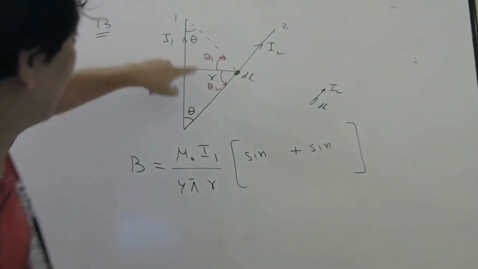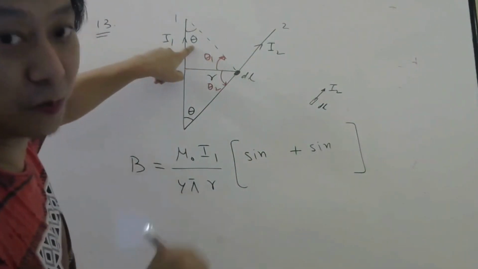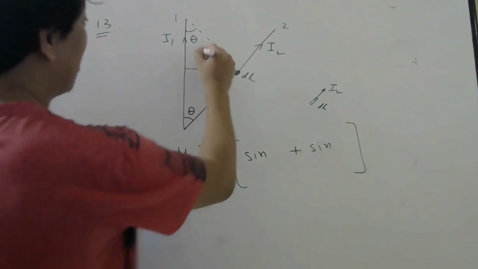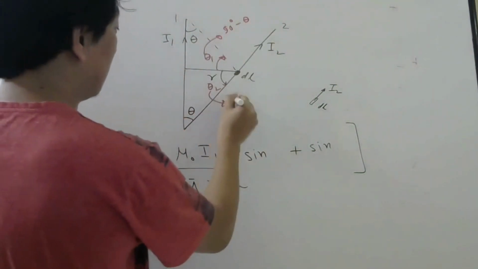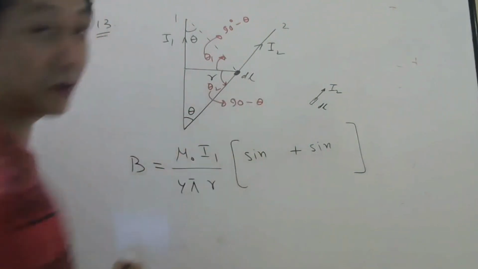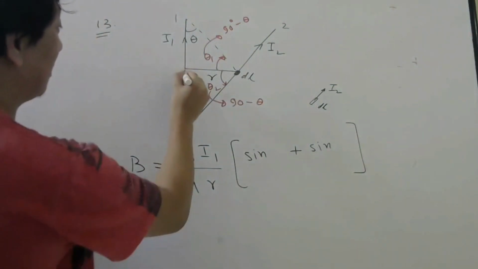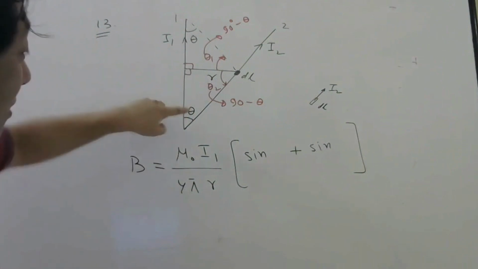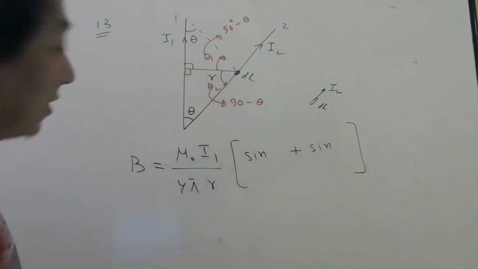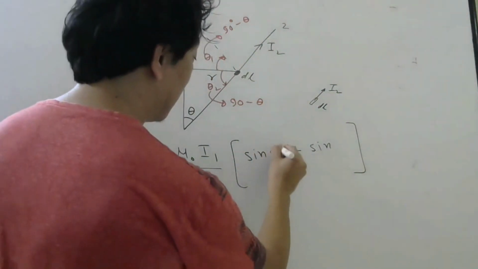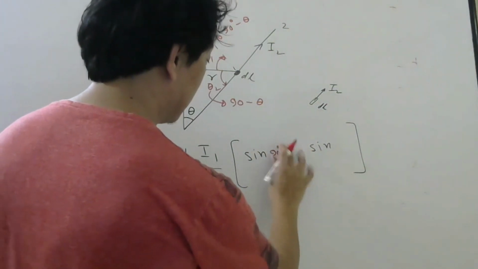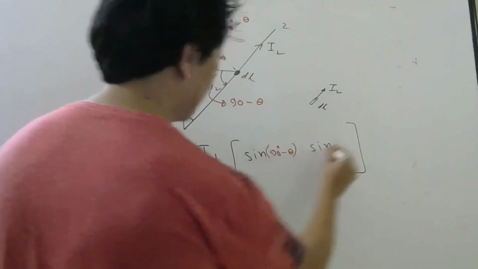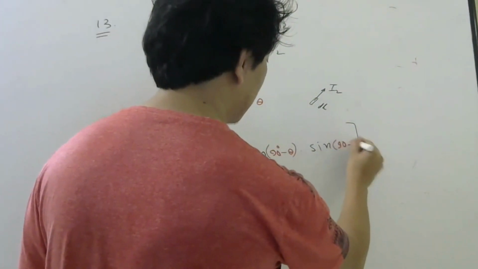Now, this is theta, and the answer should be in terms of this theta. So theta 1 will be 90 minus theta, and theta 2 will also be 90 minus theta. Correct? This is 90 degrees, 90 degrees, and this is theta, so the other angle will be 90 minus theta. So here I should write 90 minus theta, and here also 90 minus theta.